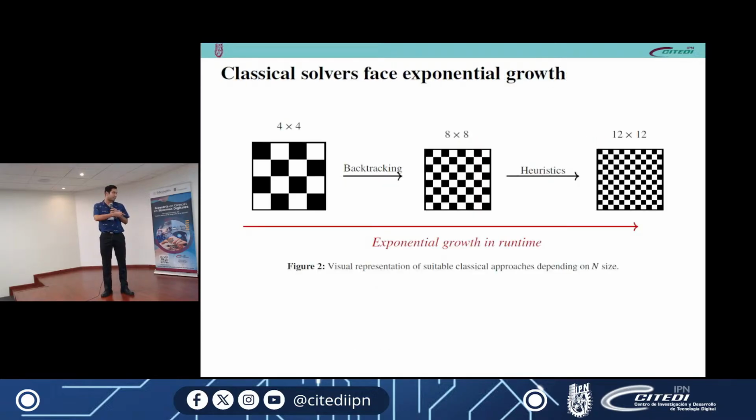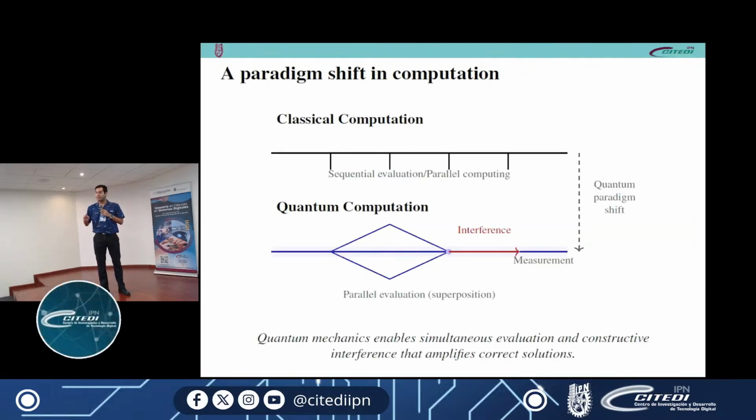And because of this, when we take a look at classical solvers, we see that they face exponential growth, meaning that the runtime becomes very, very large. Backtracking, for instance, a classical solver, can maybe work well for 4 by 4 boards, but then for 8 by 8 boards, for instance, we might want to use heuristics, and so on and so forth. So because of this, we can consider a paradigm shift in computation.